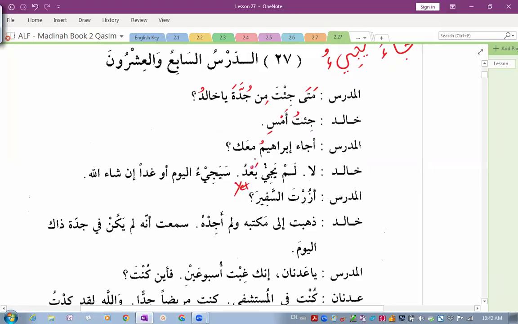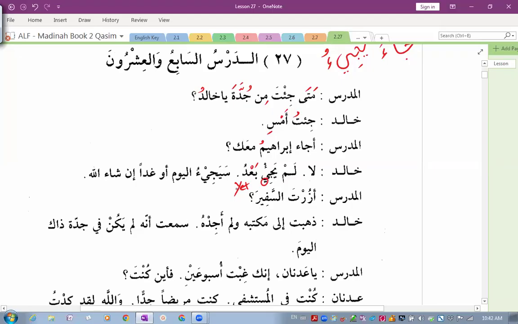Badu can come as a zarf also, and it's coming over here as a zarf, meaning yet. So la lam yaji, there is a typo over here. This ya should not have the two dots, because this is a seat for Hamza. La lam yaji badu. No, he did not come yet. Continue.